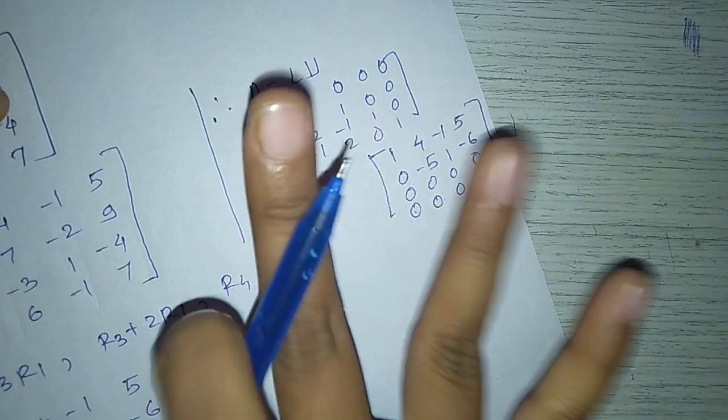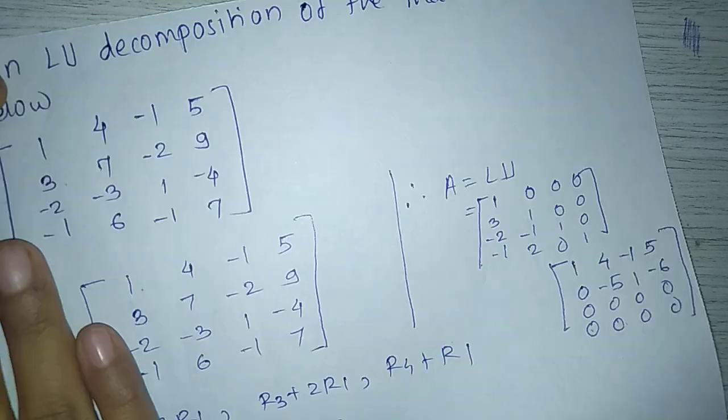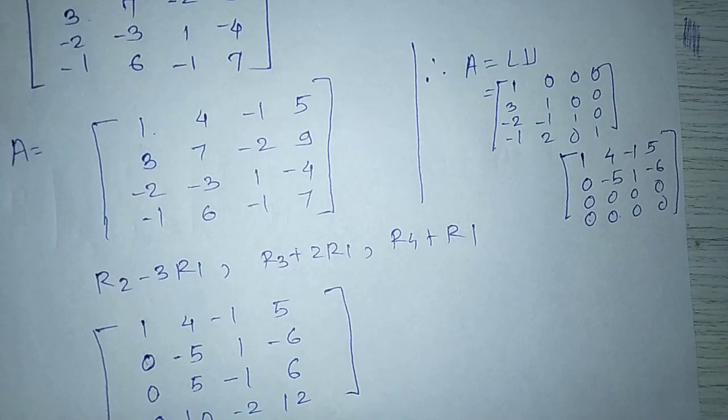And when we multiply these two matrices we get A, the original matrix. So here we stop.